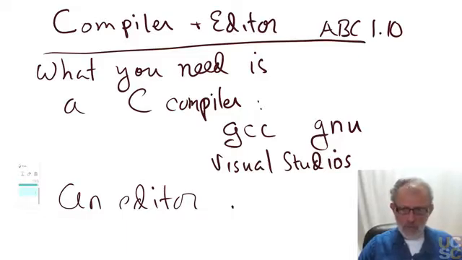Or of course the other major system you're likely to be on is a Windows system, and there you can get very good tools directly from Microsoft, and probably the best tool would be a form of Visual Studio.